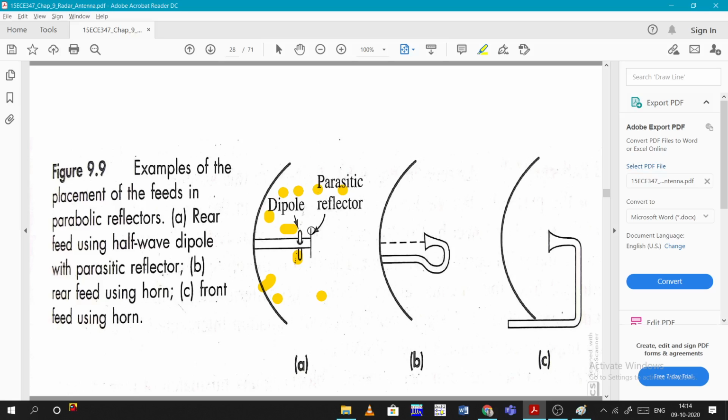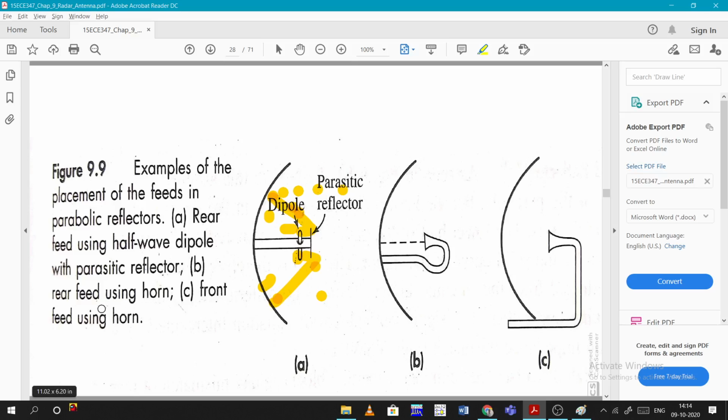So this parasitic reflector, when the waves hit this plate, reflects them again in this direction. Got it, right? This is how it all works.